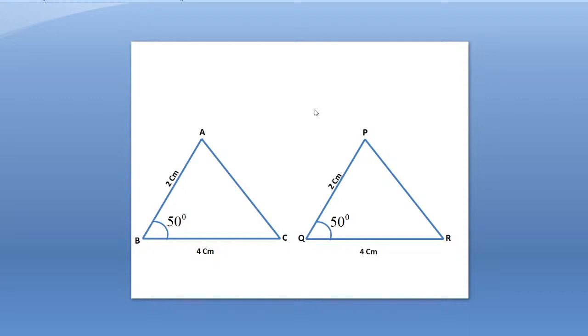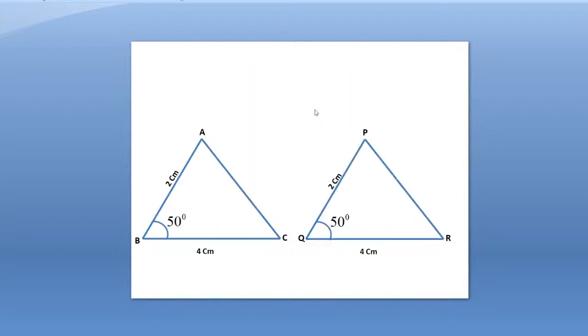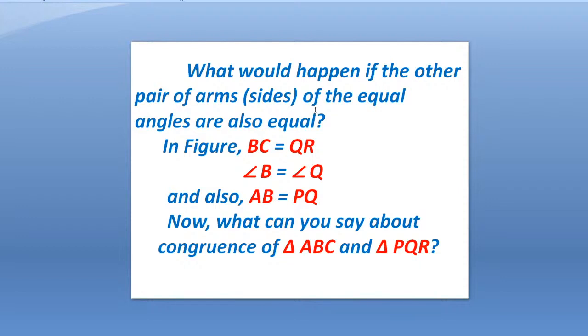So two sides and interior angle. So what will happen if the other pair of arms or sides of the equal angles are also equal? So in the figure BC and QR are equal. Angle B, angle Q are equal, it's 50 degree.